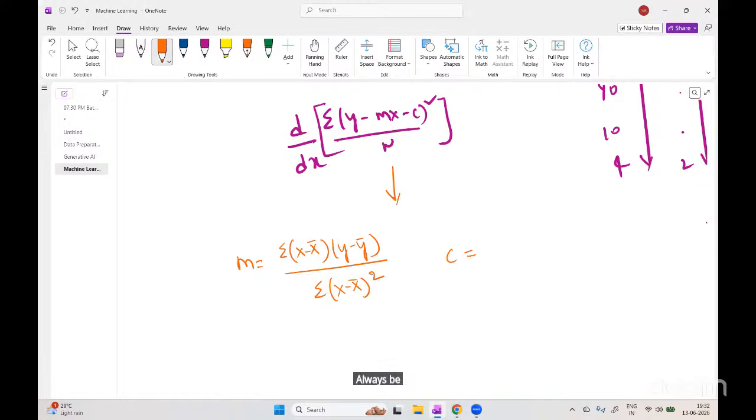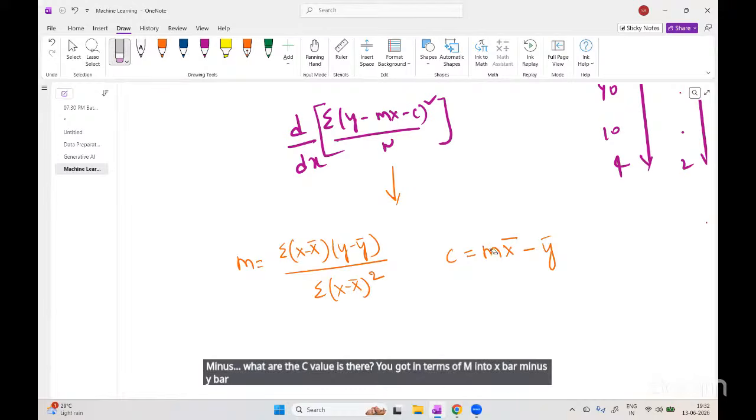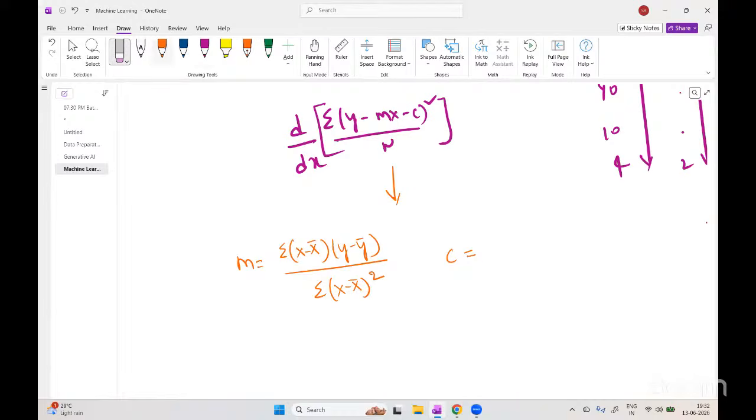And the c value is y bar minus m into x bar. That is the c value.